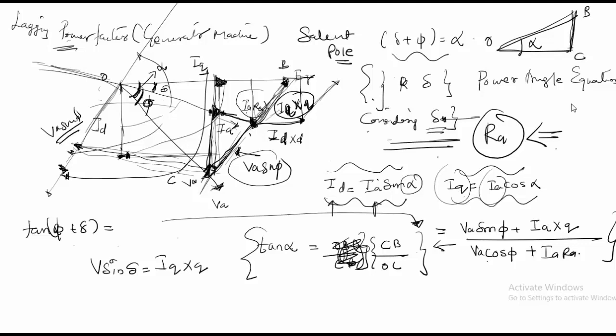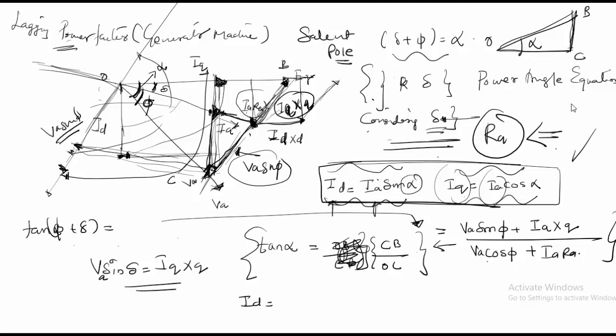So VA sine of delta is equal to IQ XQ, and ID is equal to IA tan alpha, which has already been found. Again, this is how you can find your delta or power angle based on this.